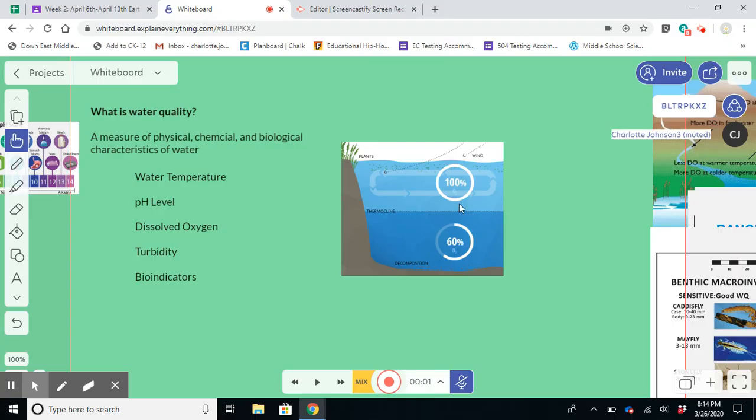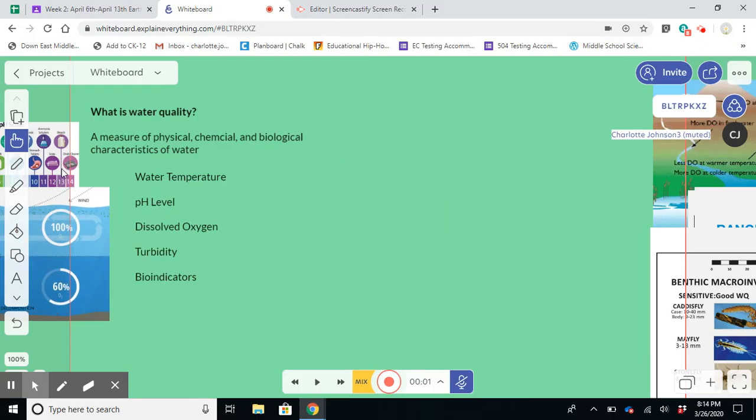So you're going to have much more decomposition happening. And because of that, you're going to have a lower rate of dissolved oxygen. There's still some, but it's not going to be the high rate like if this was the intertidal zone, where you have a vast variety of plant life and aquatic organisms as well.